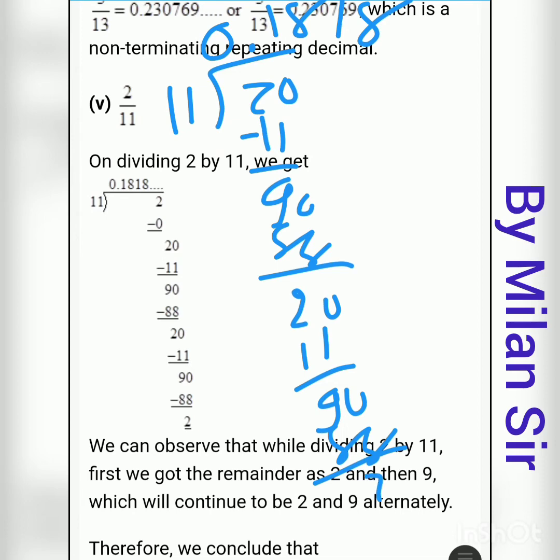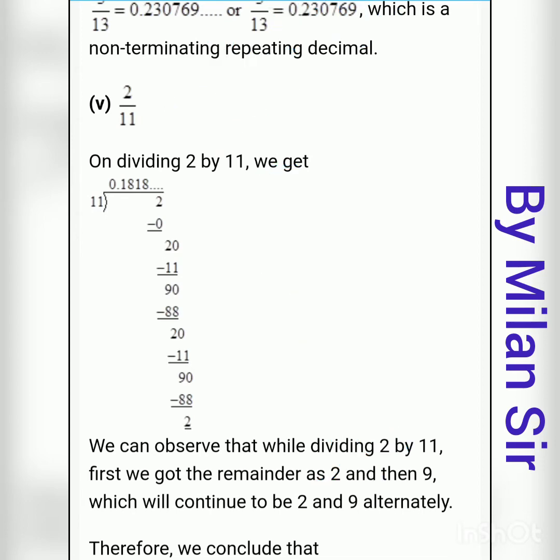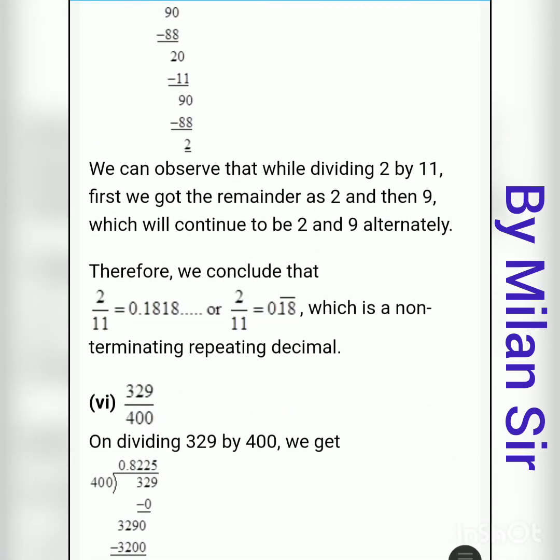So this process continues, but we do not get the remainder 0. So this is non-terminating, but here our digits are repeating, 181818. So non-terminating repeating decimal expansion.